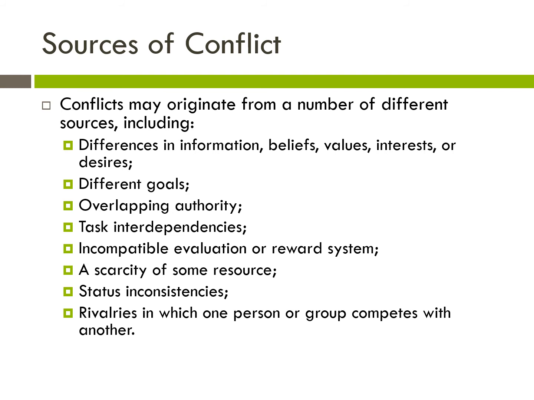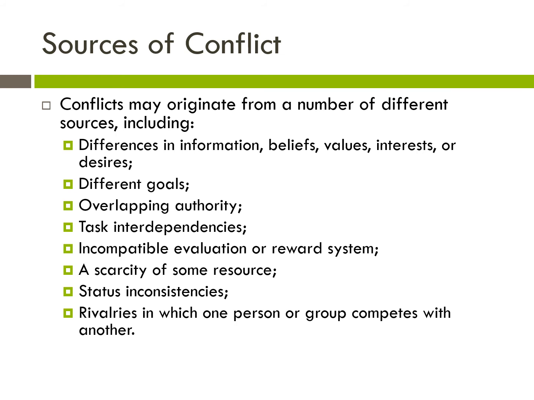Task interdependencies. One member of a group fails to finish a task that the others depend on. Now, we've all been in that group in college or in high school where we always have that one person that you just can't depend on. That's task interdependency. Then we move on to incompatible evaluation or reward systems. Employees are evaluated for one thing, but they are told to do something different.